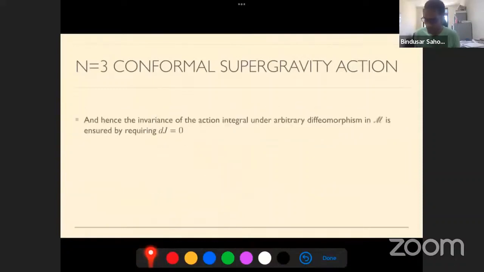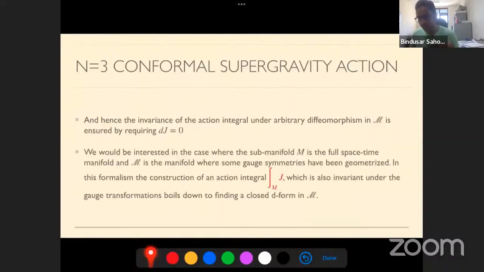That's what I've written here. So if you require the invariance of the action under arbitrary diffeomorphism in this larger manifold, you would require dJ to be 0, so J is a closed form. Now we would be interested in the case where the submanifold M is actually the full space-time manifold, and the larger manifold is one where some gauge symmetries have been geometrized.